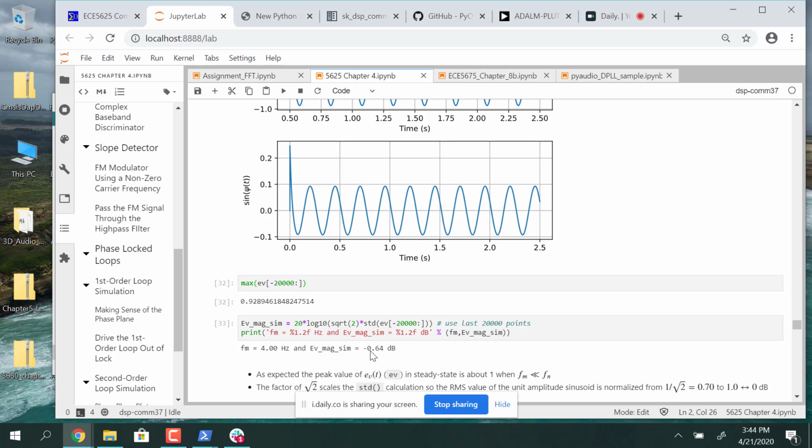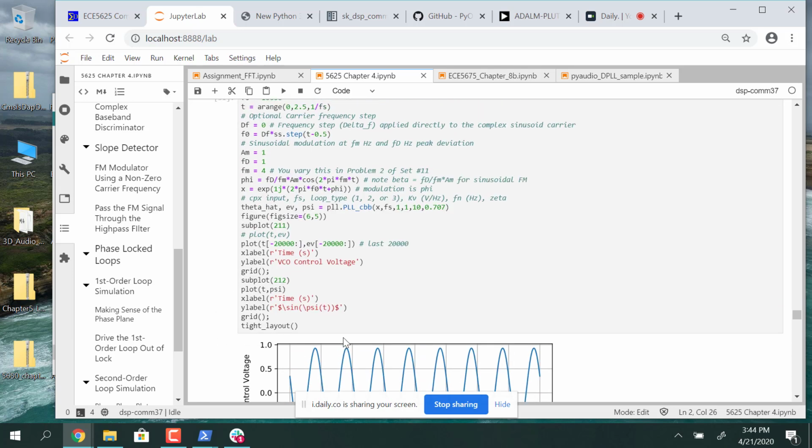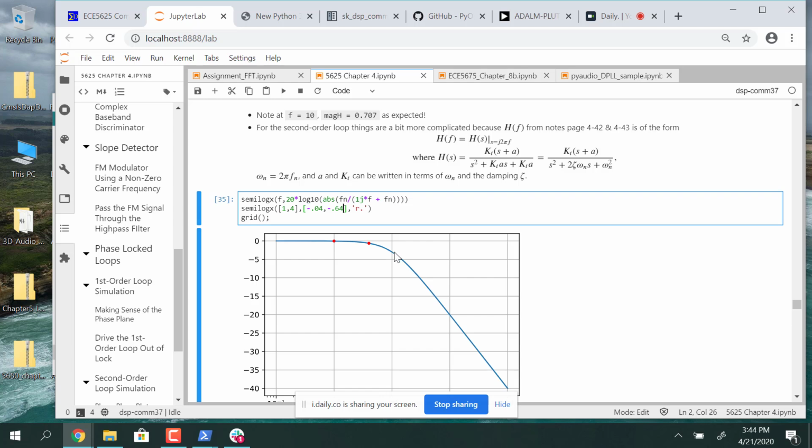Then you could plot the list versus the frequency list for FM that you started with, and you could automate it if you wanted to. But I'm kind of an artist in the sense that I will take some data and then say, oh, it might be nice if I had another data point right here where there's more of an inflection point, so maybe I'll take a closer in data point, just to see if it's landing okay.